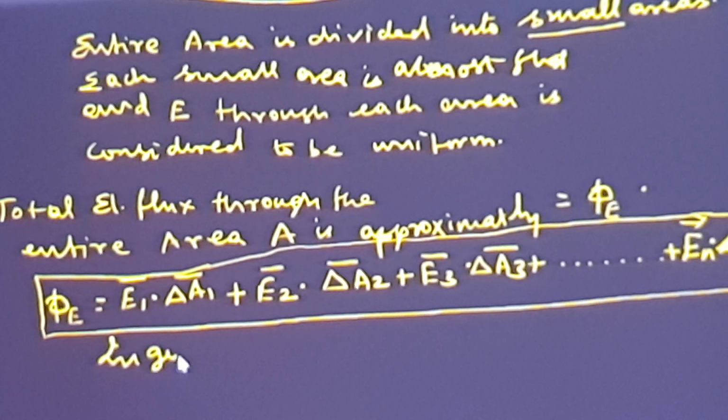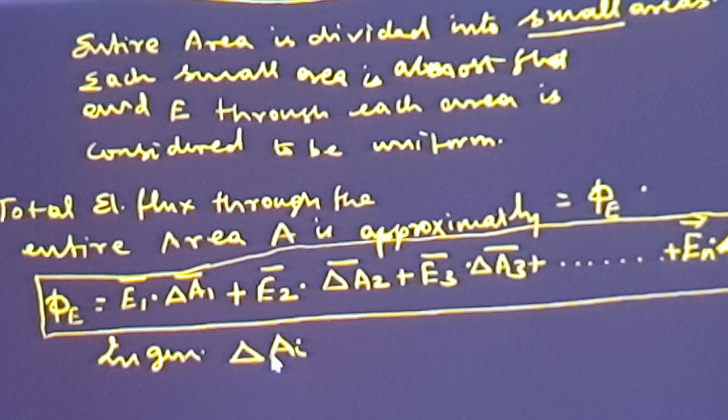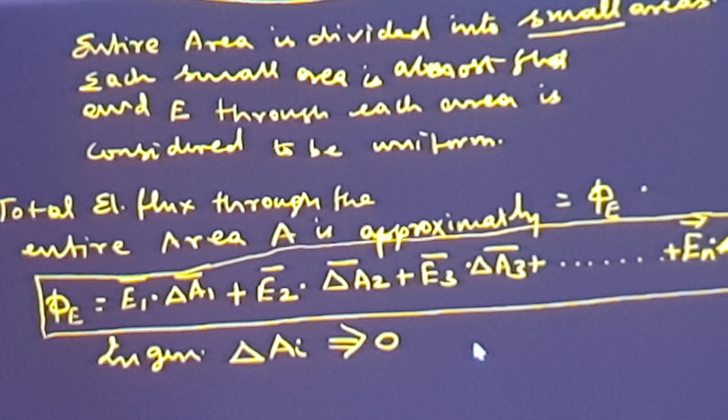In general, I am going to apply a limit. What is that? If all the areas that I am considering, delta A i, tend towards 0, that means the value of each area is considered to be very, very small, for all elements, for all values of i, that is 1, 2, 3, 4, etc. up to i.